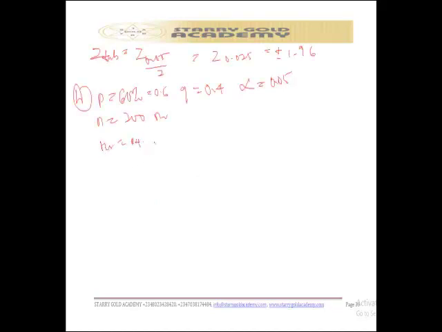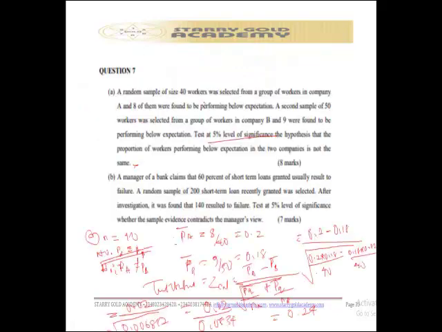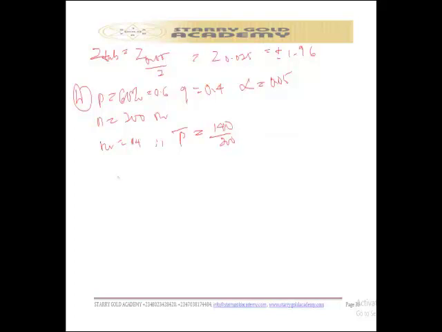Therefore my p is equal to 140 divided by 200, because after the investigation, it was found that 140 resulted in failure. So that gives me 0.7.